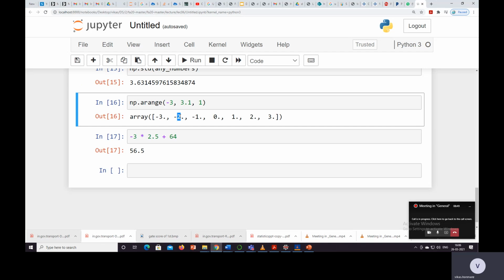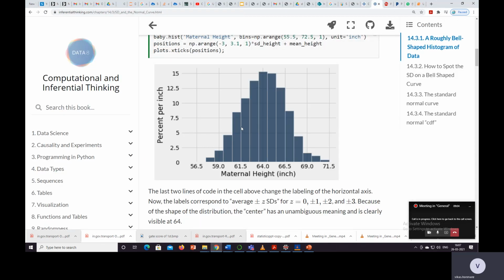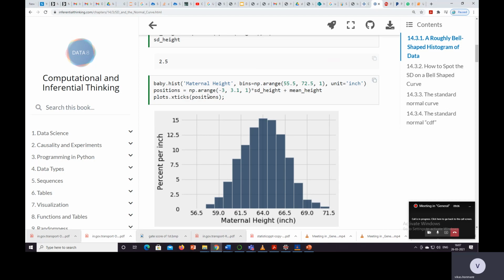Then minus 2 is 2 standard deviations away at the left hand side, and plus 2 is 2 standard deviations away at the right hand side. Okay, likewise we have minus 3 and 3, and this is just the computation and plot x position.